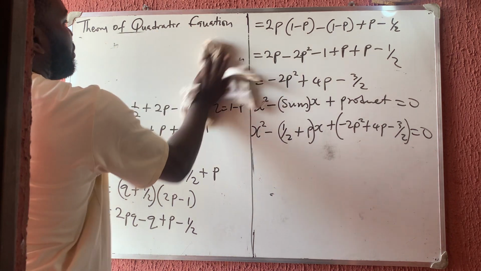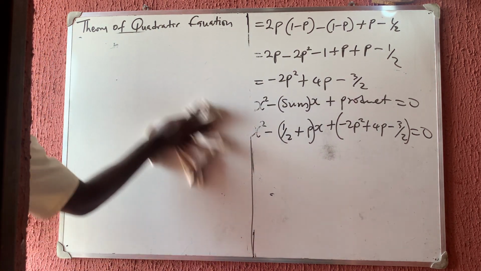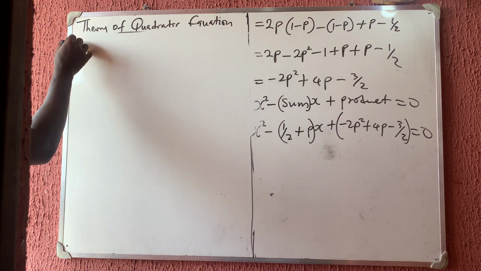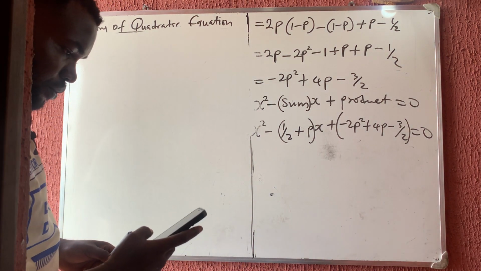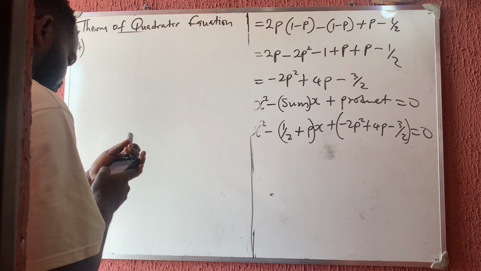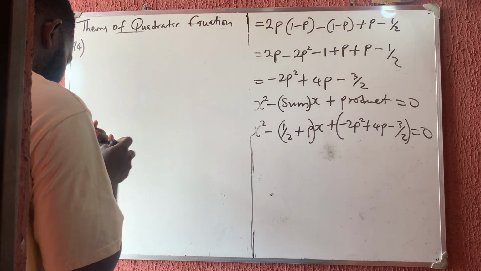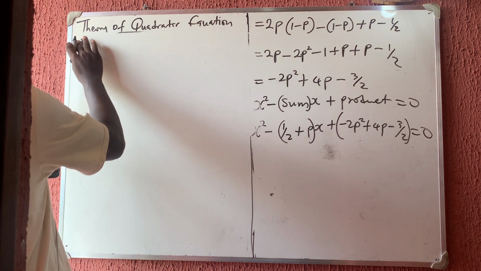So let's go to question number 74. Okay, there's no 74, rather we have 76.